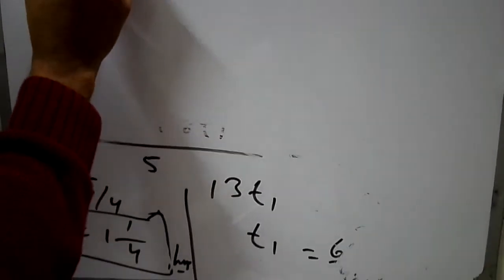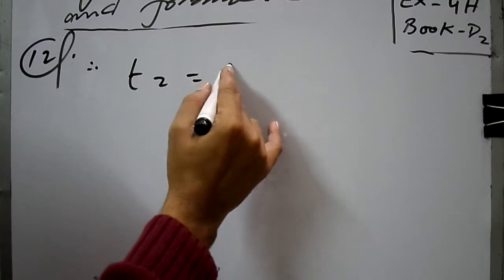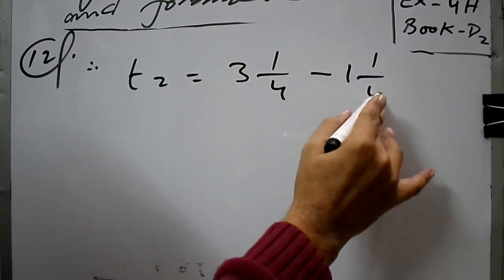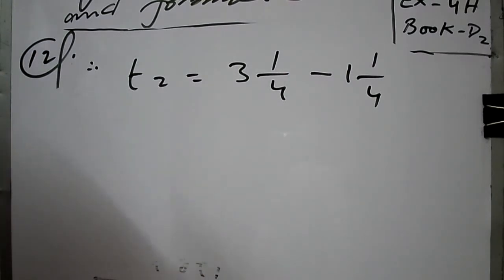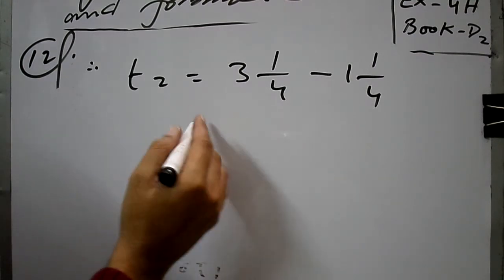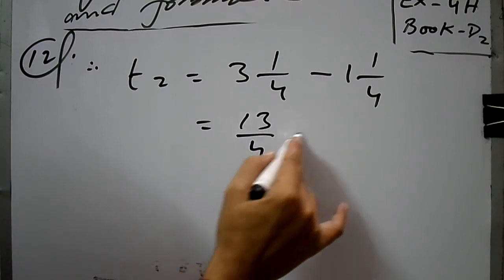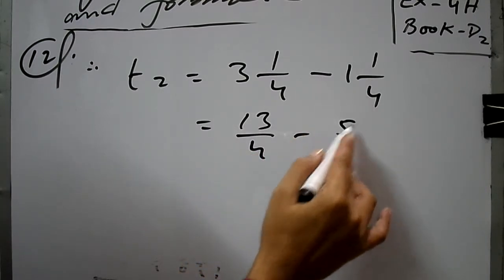So therefore T2 will be equal to 3 whole 1 by 4 minus 1 whole 1 by 4, because you have to use equation number 1 in which you put the values. So T2 is 4 3s are 12, 13 by 4 minus 5 by 4.